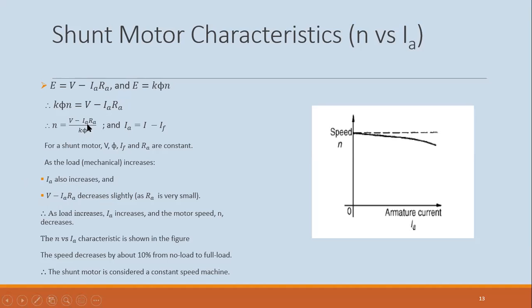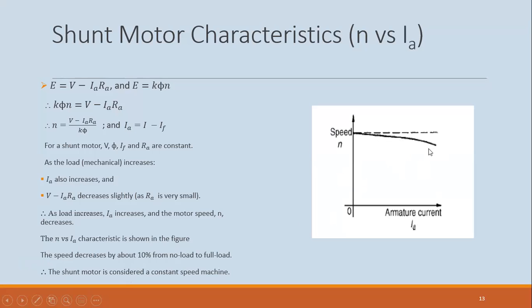But as IA is increasing, you can see that the numerator here is decreasing. As the numerator decreases, we can see that the motor speed will also decrease. So we see that gradual decrease in the graph as armature current increases.